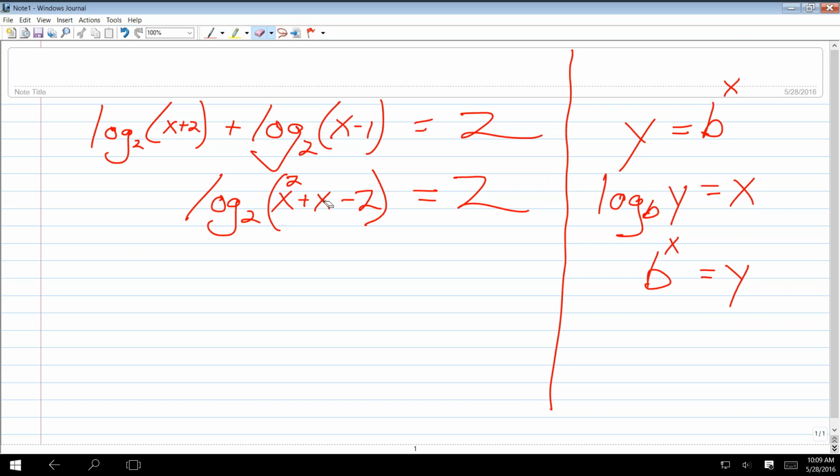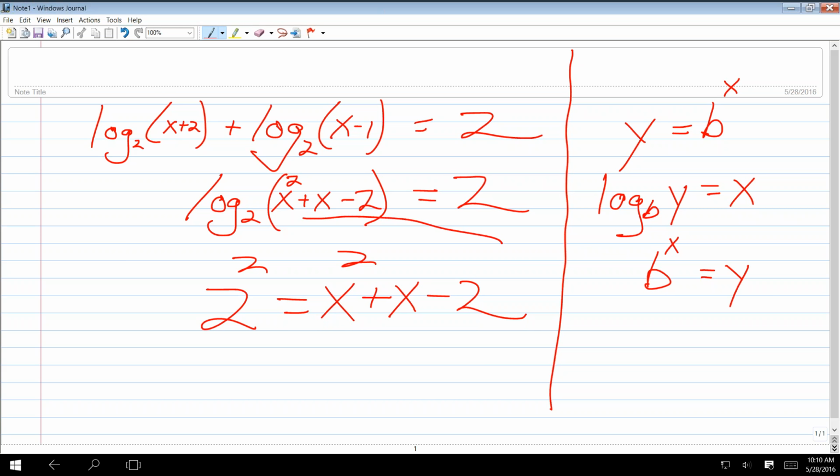What's in the parentheses I call the argument. Okay. So it's 2 to the second equals the argument, x squared plus x minus 2. Now, this is a quadratic that we can solve. Let's proceed to solve it.